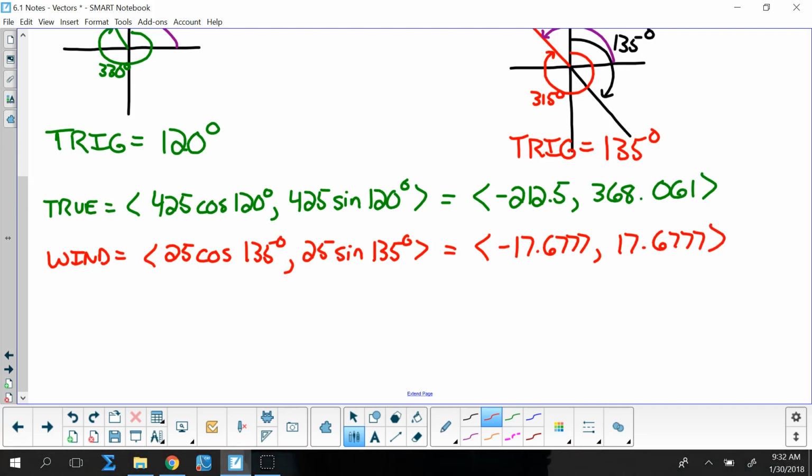Yes? Okay. Now, in terms of the math going on here, the aim of my plane, or what the plane needs to do, plus the wind, is going to give me my true course and speed, my actual course and speed, if you will. Okay?